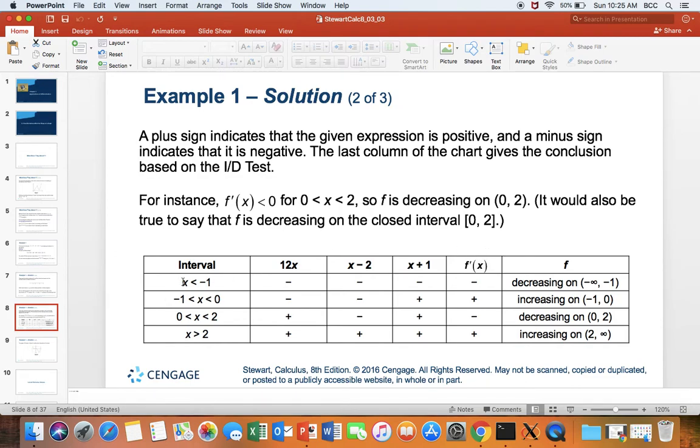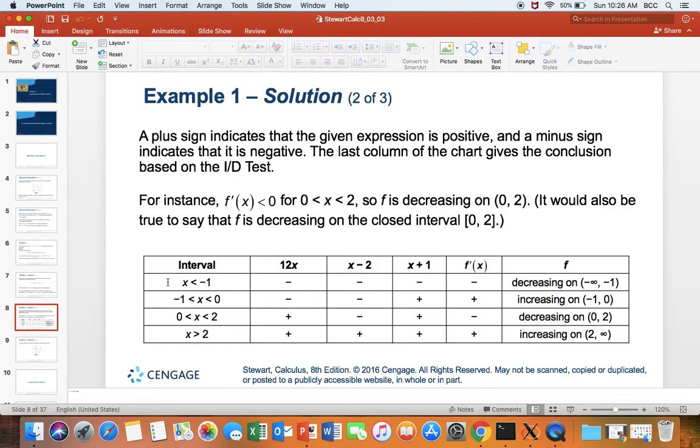To the left of minus 1, choose a number. I like negative 2. I plug in negative 2 here and get negative 24, so the value on that interval is negative. Take the same test point, negative 2, and plug in here: negative 2 minus 2 is negative 4, a negative.